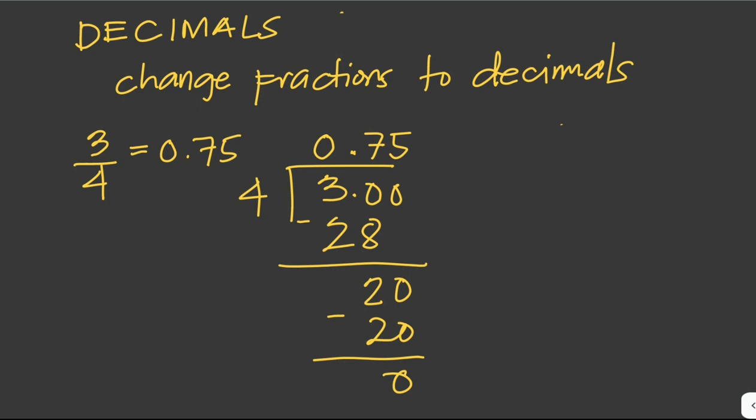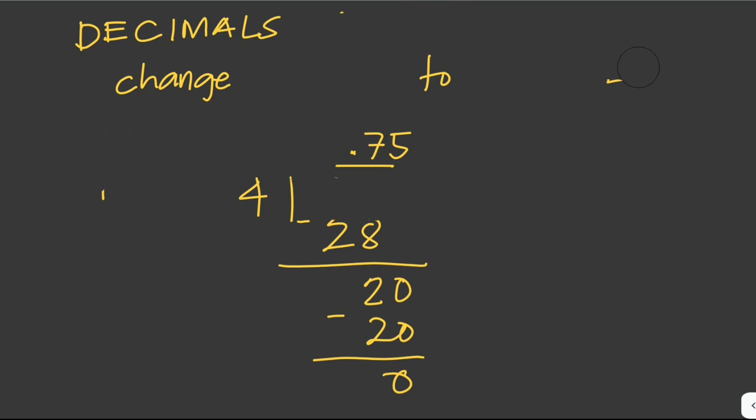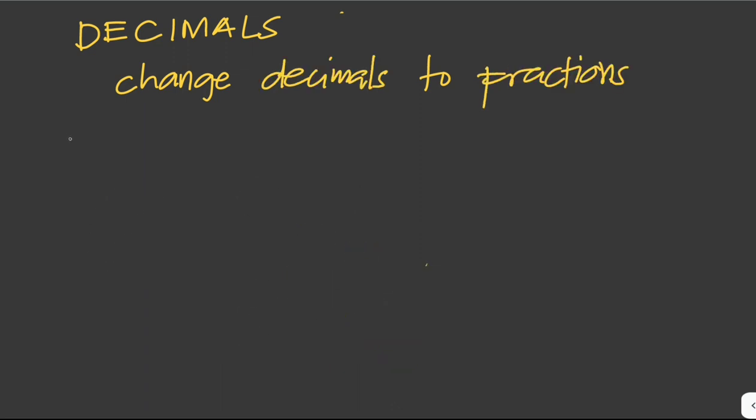But how about writing or changing decimals to fractions? Okay, let's say we're given an example here of a decimal 0.018. So how are we going to change this into fractions?